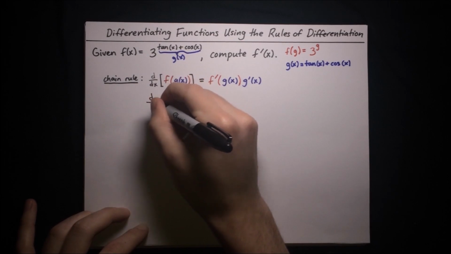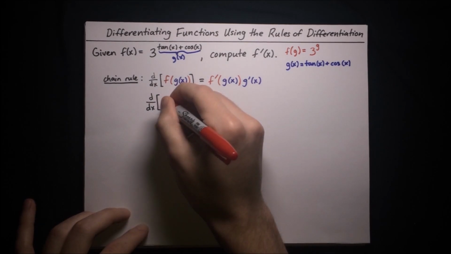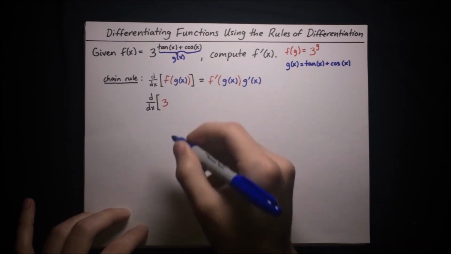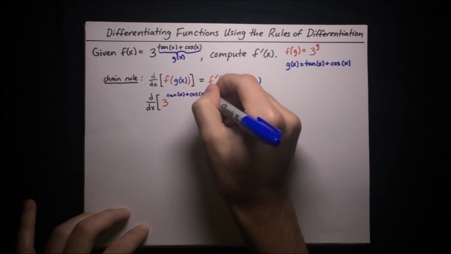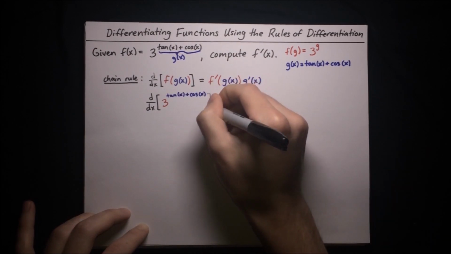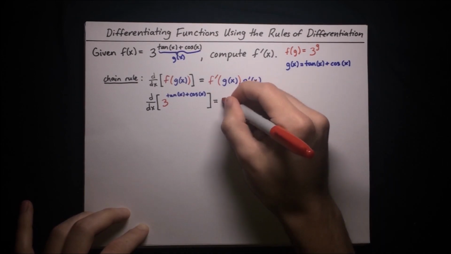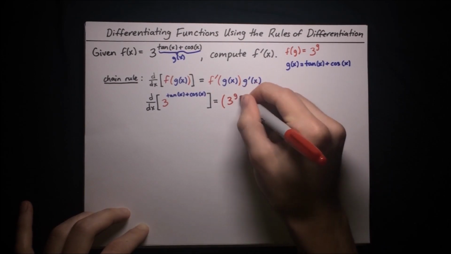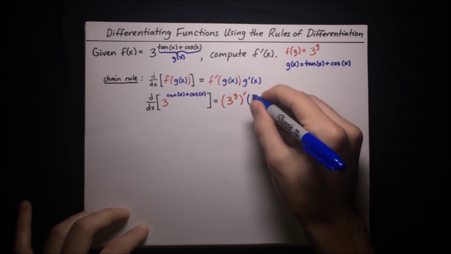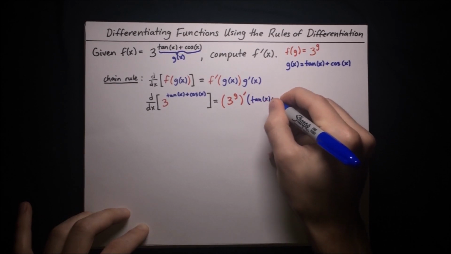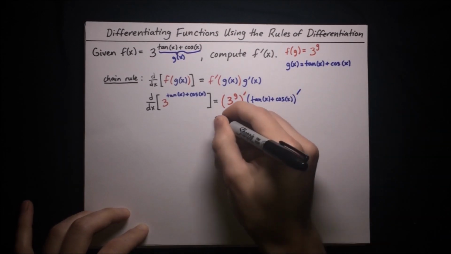So we have that derivative d over dx of f of g of x, so of 3 to the power of g, g is just tangent x plus cosine x, derivative of that is equal to f prime of g of x, so really the derivative of 3 to the g, that's f, and then times g prime of x, so times the derivative of tangent x plus cosine x. Alright, so let's go ahead and evaluate this.